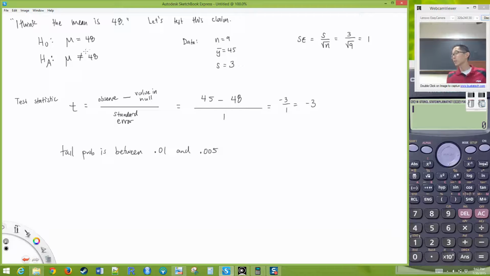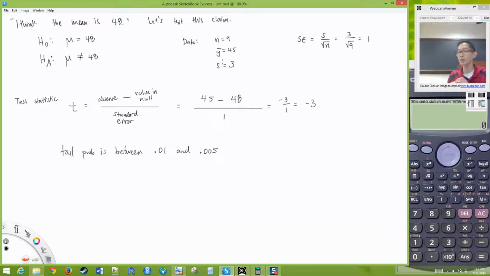The alternative doesn't claim whether it should be more than 48 or less than 48. So the fact that we got 45, which is 3 lower than 48, is interesting. But we would have also been interested if we got 51, which is 3 more than 48.